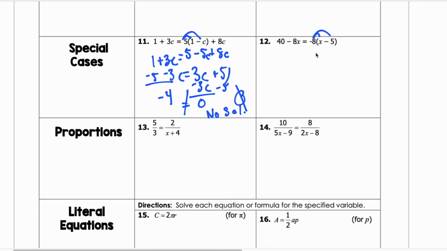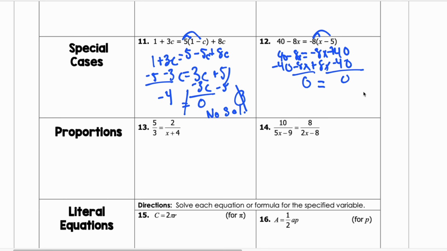And we're going to distribute our -8. And we have -8x. Oh, sorry, this is a positive 40. And then if I bring my 40 to this side, that cancels out. And if I bring my 8 to this side, that also cancels out.